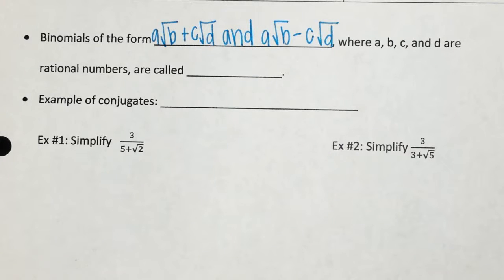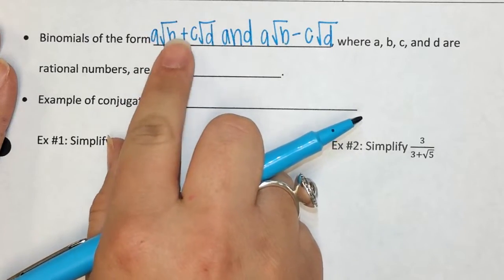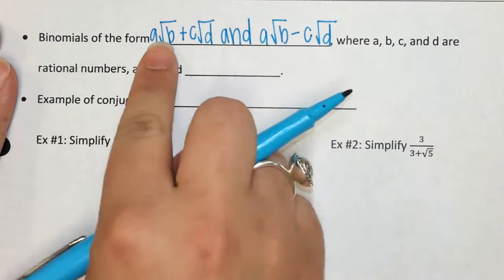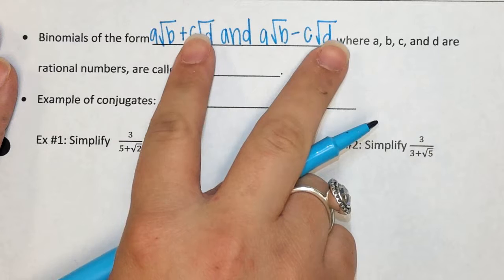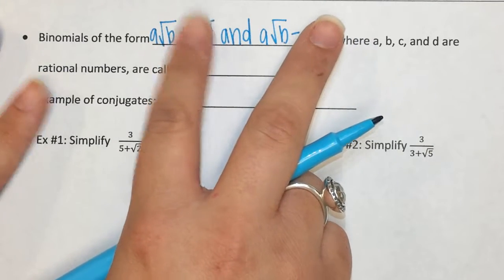All right, so in this form, they're the same, right? A, B, C, and D, they're in the same spot. What's the only difference about these? One subtraction and one addition.